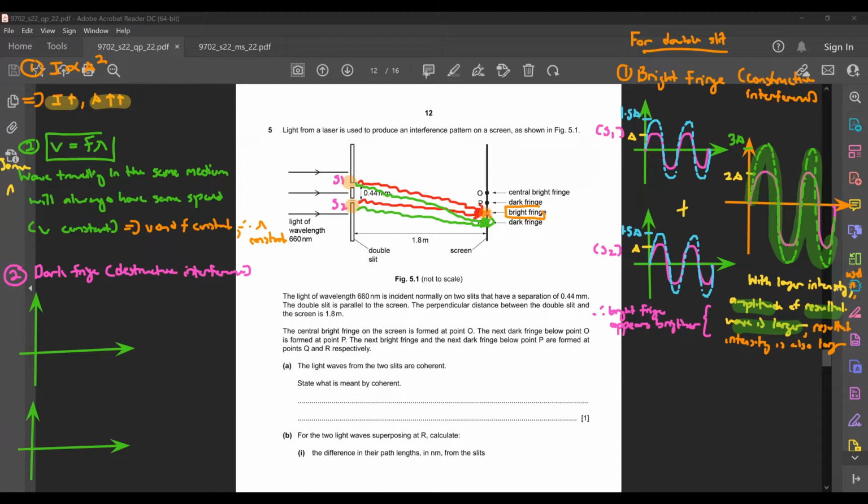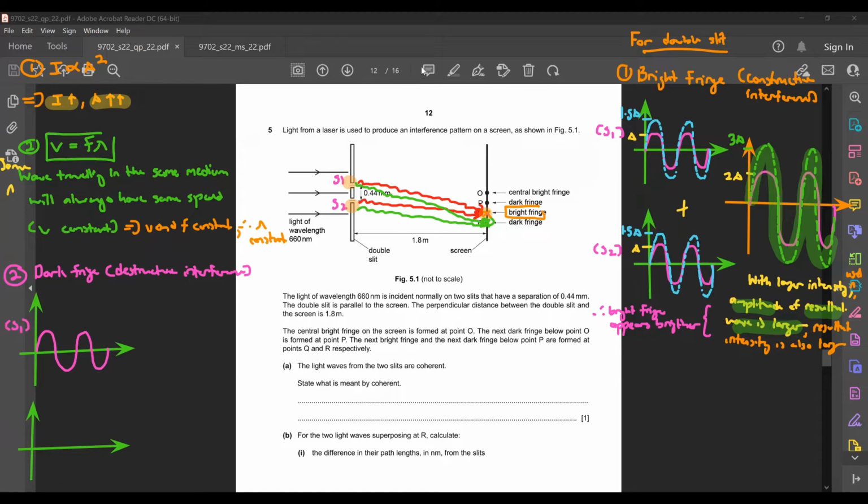If they meet 180 degrees out of phase, you could have a case where your wave is like this for S1. So let me just draw it. This is the wave from source S1.